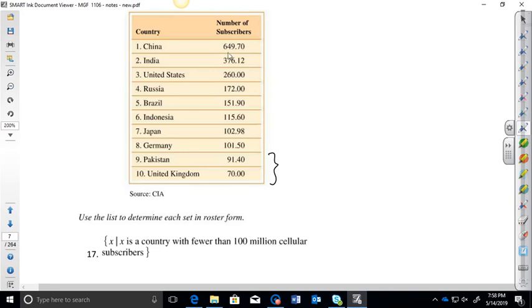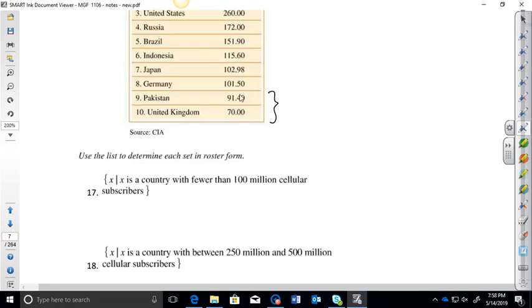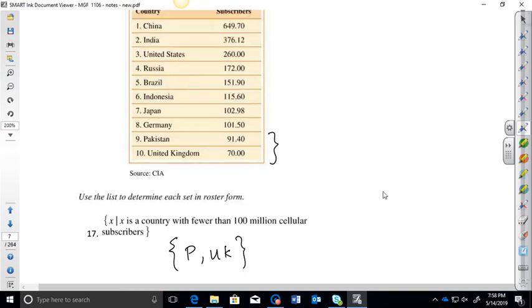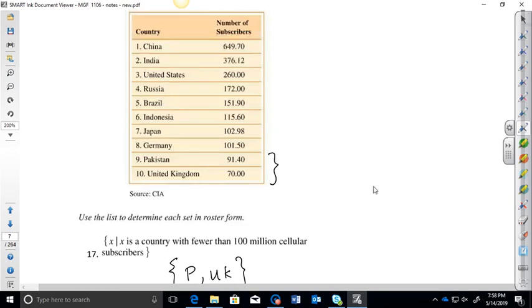Pakistan and UK? Am I right? Okay. Between 250 and 500. How many? India and United States. That's it, right? Yeah.